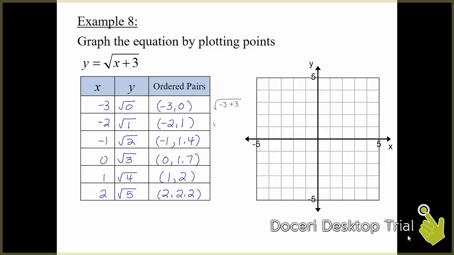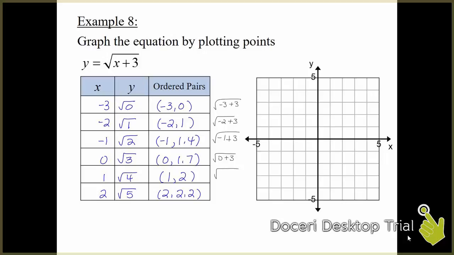Then we have negative 2 plus 3 is the square root of 1, which is 1. Negative 1 plus 3 is the square root of 2, and that estimates to be 1.4. Then you have 0 plus 3 is the square root of 3, which estimates to be 1.7.